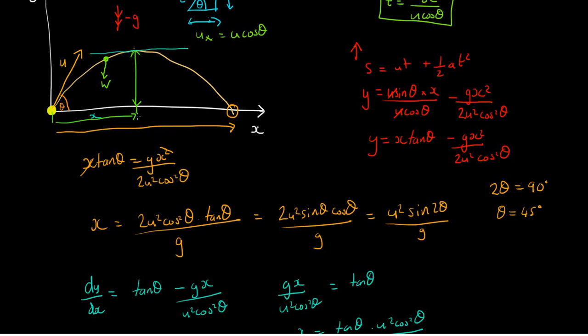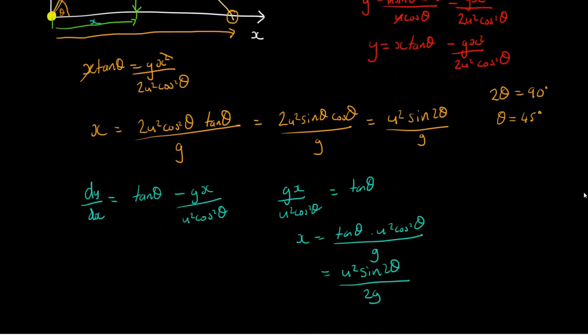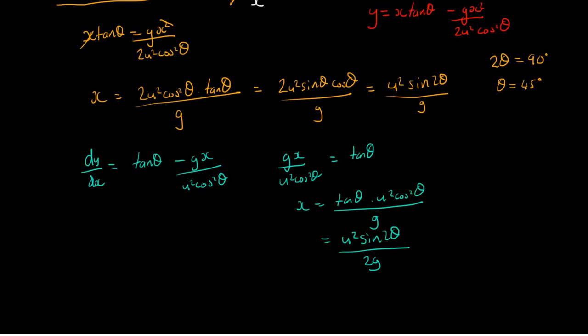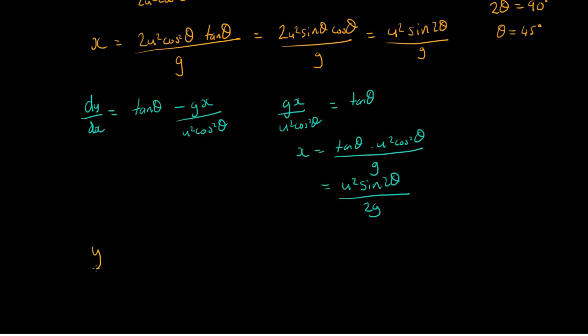But what about calculating this height? Well, now we have a value of x, it's just a matter of substituting this value of x into our expression to get a value of y. So if we do that, we end up with y is equal to x tan theta. X is now this, so it's equal to u squared sine, and instead of sine 2 theta, I'm going to write this as 2 sine theta cos theta.